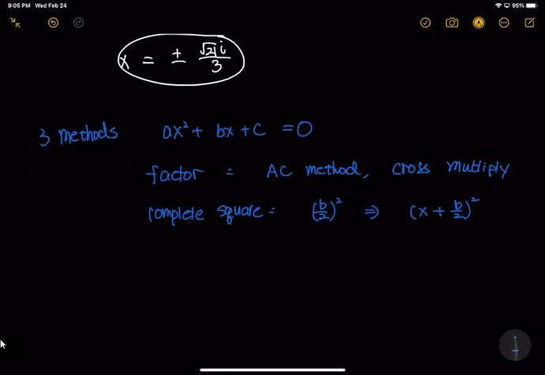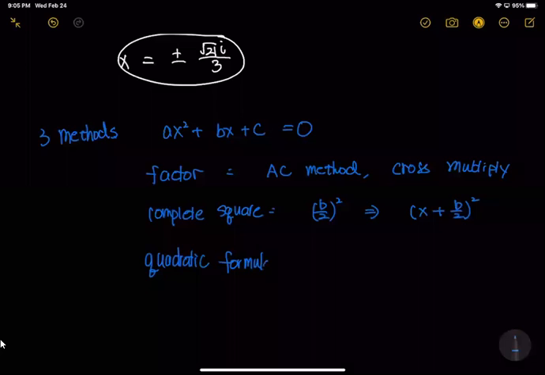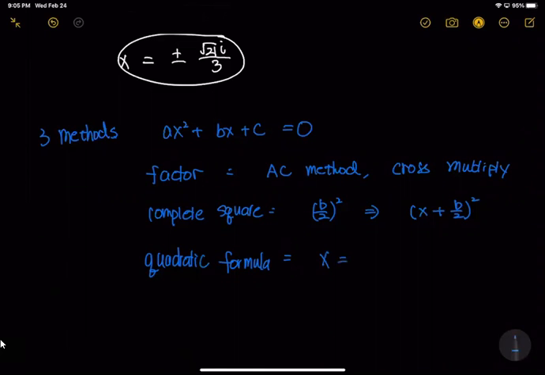And then we also have the quadratic formula, which is x equals negative b, positive and negative square root of b squared minus 4ac, over 2a.